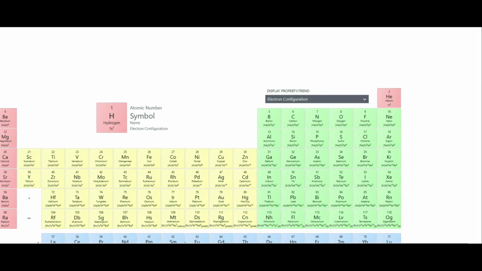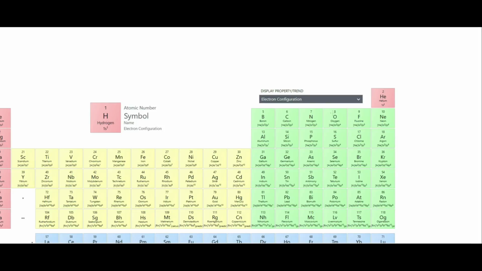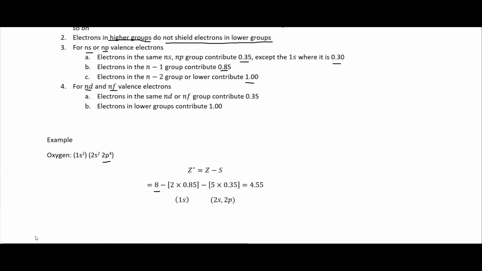So we take the number of protons, and then we subtract off based on these rules. This 2 times 0.85 is because of rule 3b right here, which takes the 1s2 into account. That's why there are 2 of them times 0.85.